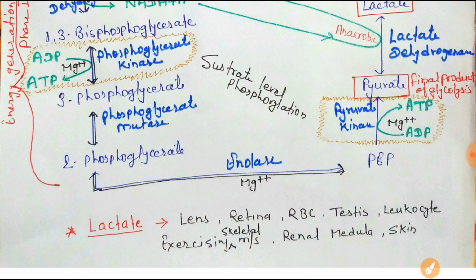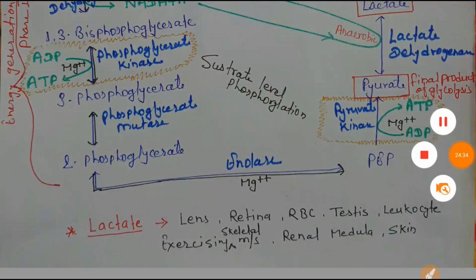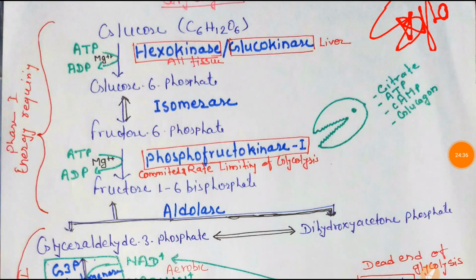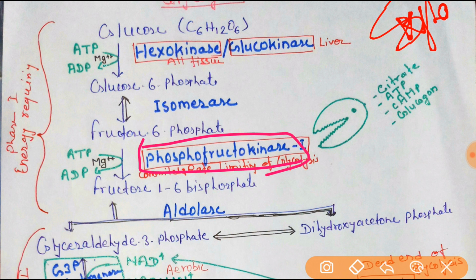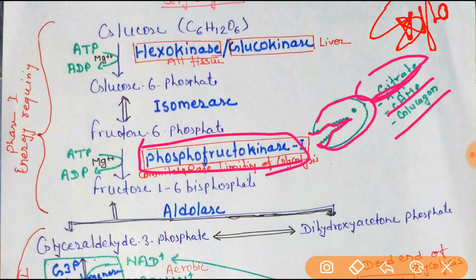Next are the inhibitors of glycolysis. Here first, the inhibitor is of phosphofructokinase. I am making the scissor so that the enzyme is being cut by citrate, ATP, cAMP, and glucagon.